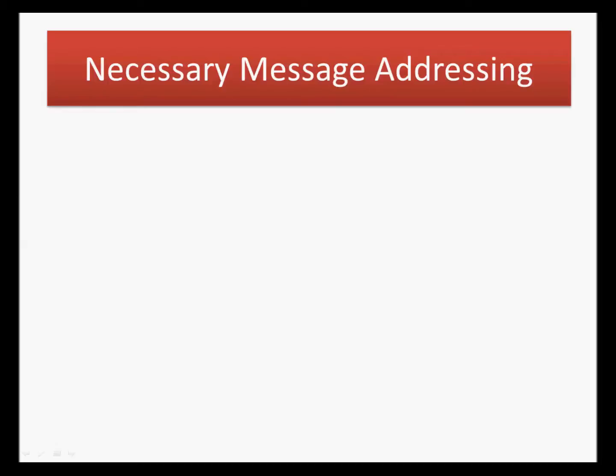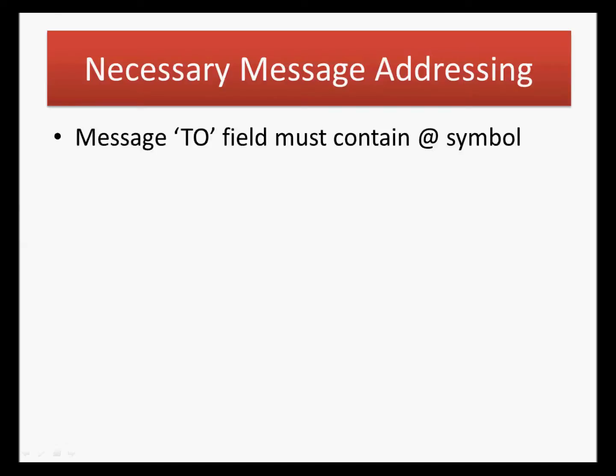Now, in order for messages to be forwarded in an automatic forwarding system, they have to be properly addressed. The to message field must contain the @ symbol. If it doesn't contain the @ symbol, the message is not eligible for forwarding, and it'll just stay on the bulletin board in the local network.